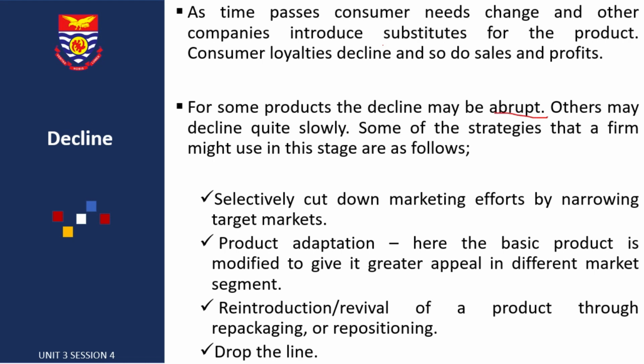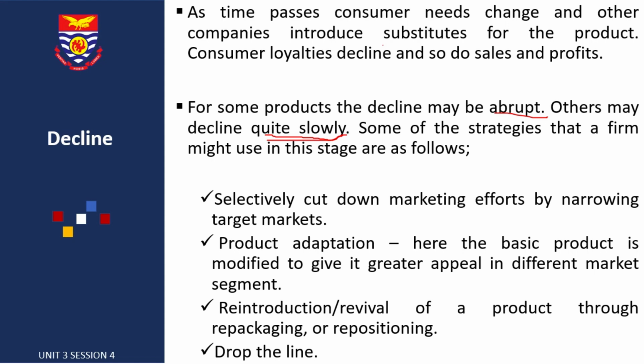It moves quickly out of the market. And with other products, it doesn't move quickly, but it moves out slowly. So at a point in time, you see one, at another point, you see one, but then by the time you realize, you don't see any at all. But with some products, by the time you realize it gets off the market, you search for them, you never get them.